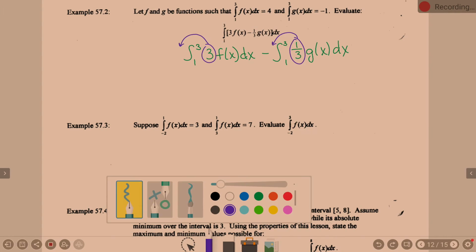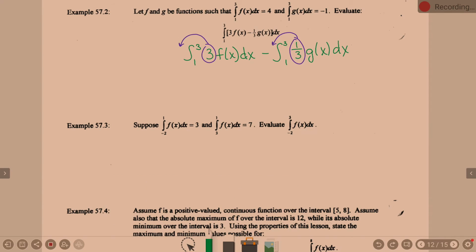No. But I think it just helps to show it and help you understand the rules. So this is 3 times the integral from 1 to 3 of f of x dx minus 1/3 times the integral from 1 to 3 of g of x dx.